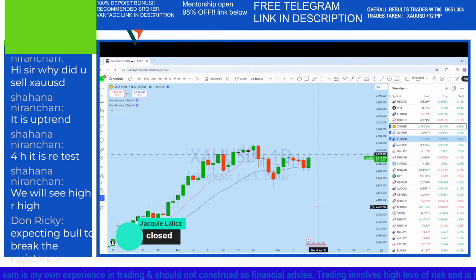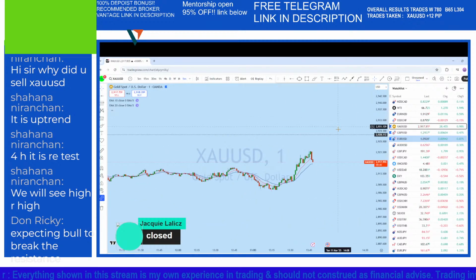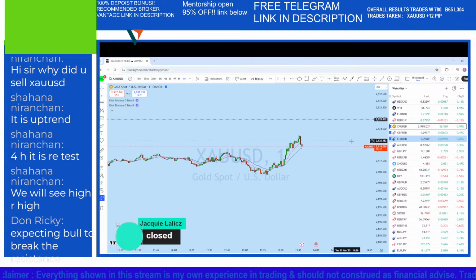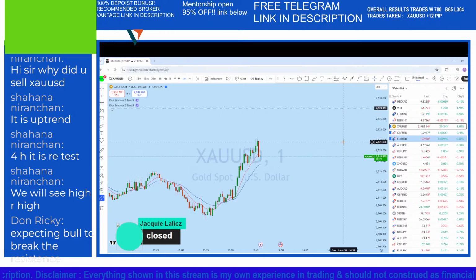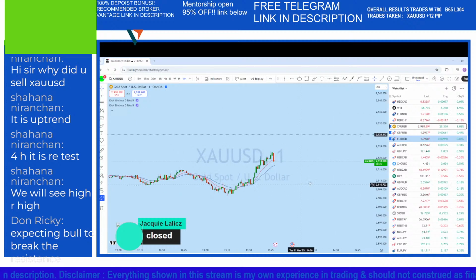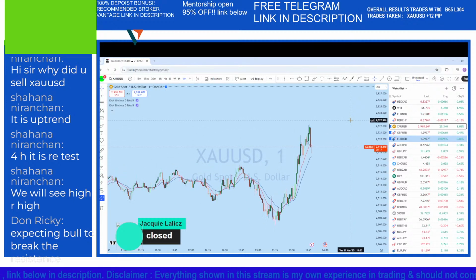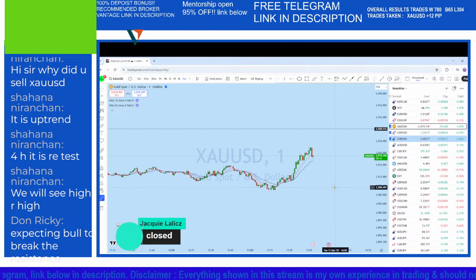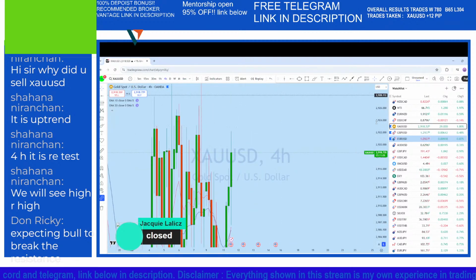So from the daily, now as we have 10 minutes to go, this break of structure is very interesting in that area, and I would like to see it effectively moving back to the upside. This is the lower time frame price action here, guys.